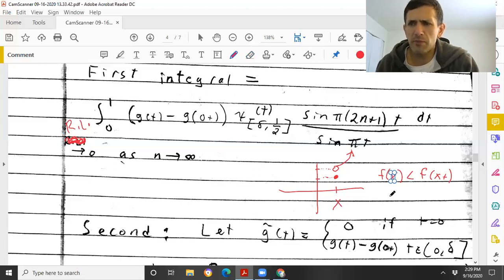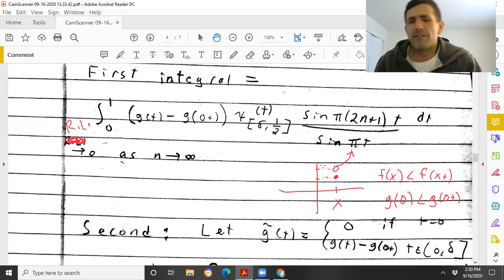And that's the same thing as saying g of 0 is strictly less than g of 0 plus, because remember, g of t is x plus t. So these two are the same thing. The point here is this is negative in this example.